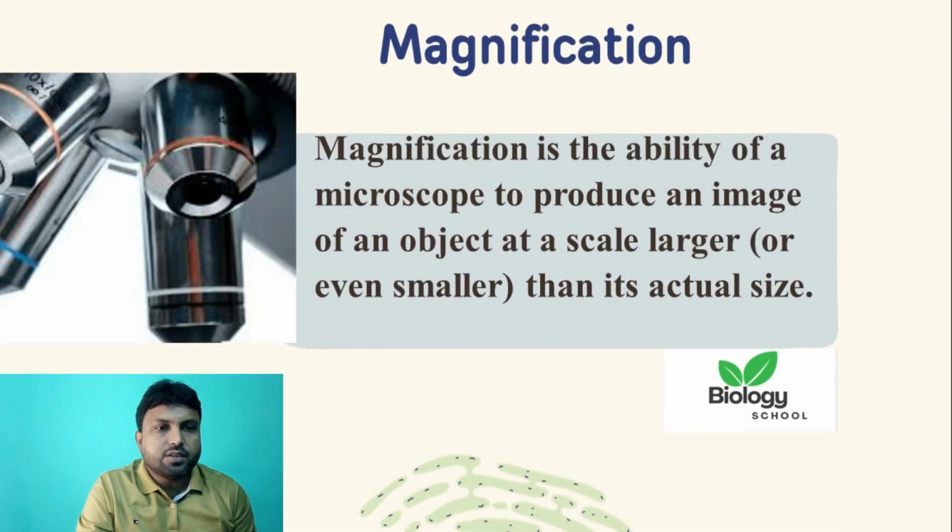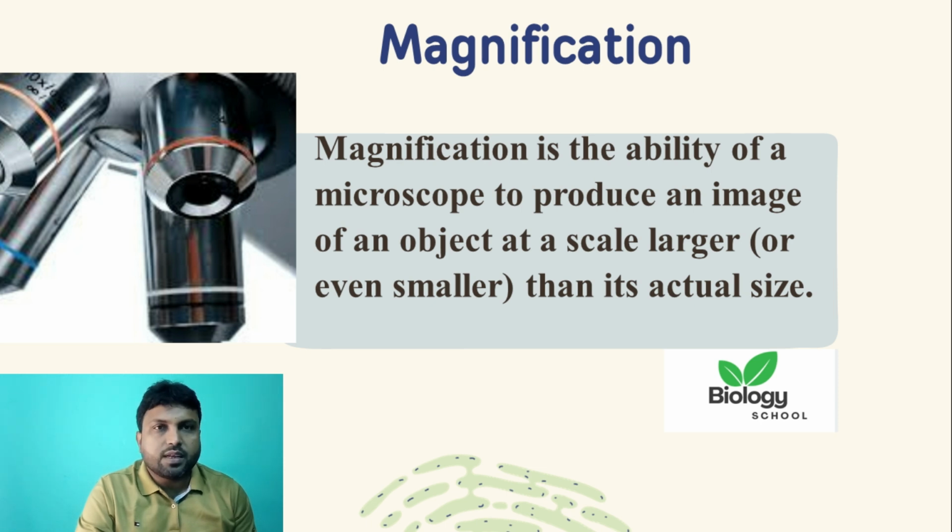Magnification is the ability of a microscope to produce an image of an object at a scale larger than its actual size. Mainly, magnification is the ratio of an object's image size to its real size. We can say that magnification is equal to the dimension of the feature in the image divided by the true dimension of the feature on the object.